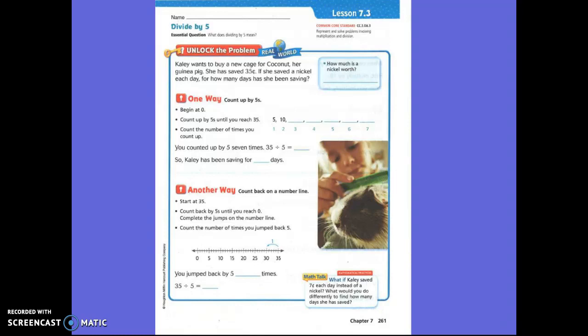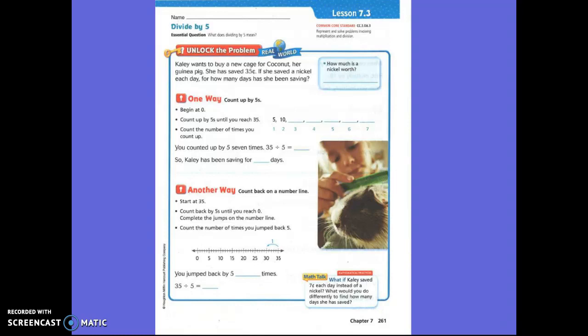Kaylee wants to buy a new cage for Coconut, her guinea pig. She has saved 35 cents. If she saved a nickel each day, for how many days has she been saving?